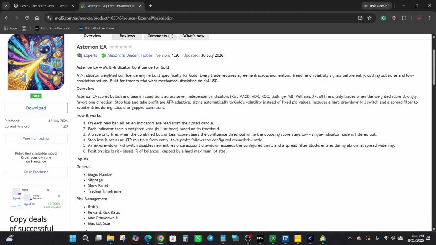Asterion uses a weighted confluence engine based on 7 indicators, including RSI, MACD, ADX, ROC, Bollinger %B, Williams %R, and MFI.